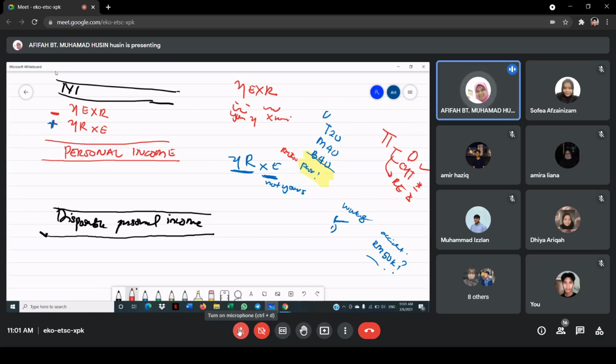And lastly, we have zakat. Zakat for sure. For welfare, this is for all people, Malaysians, Muslim or non-Muslim, everyone receives welfare. But when we talk about zakat, we talk about Malaysian Muslims only.